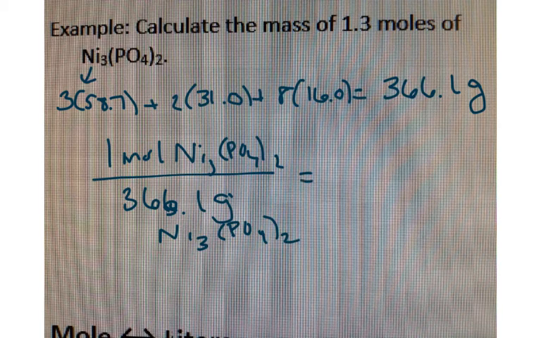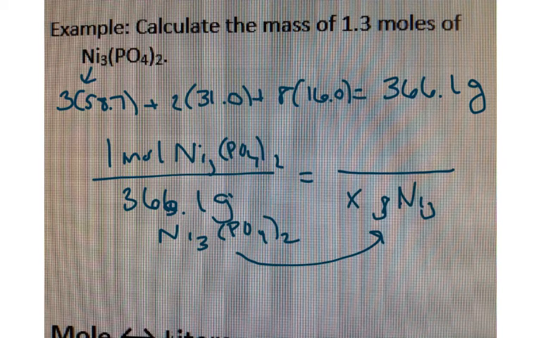Okay, so I'm going to set up my proportion. What I want to solve for in this case is how many grams. So I'm going to find where grams is, and I'm going to put X on the bottom because grams is on the bottom. So I'm going to write X grams of nickel 2-phosphate. But I do know that I have a total of 1.3 moles of this.